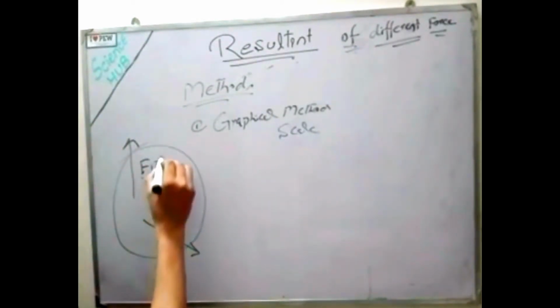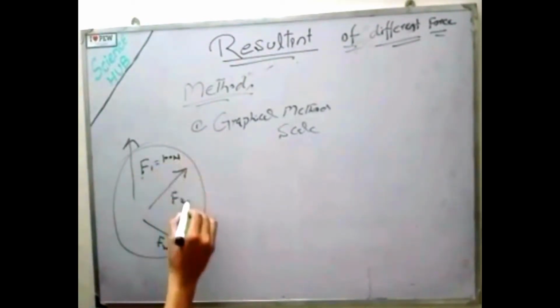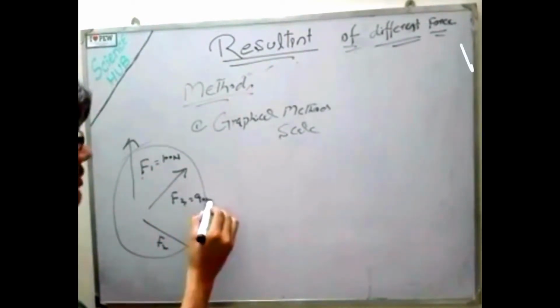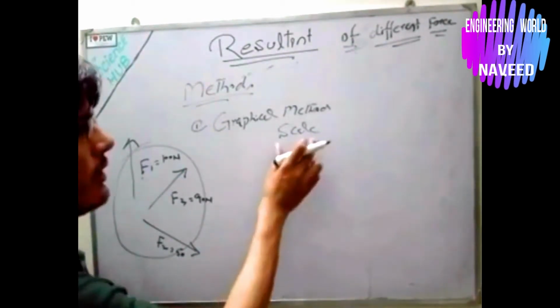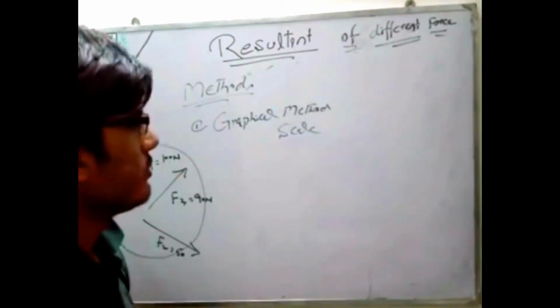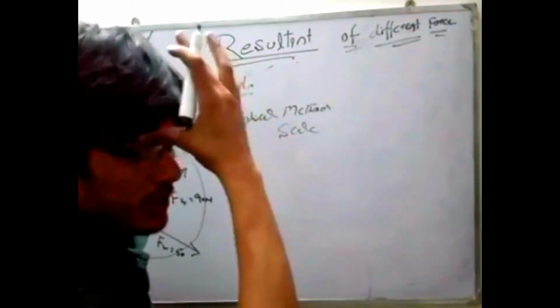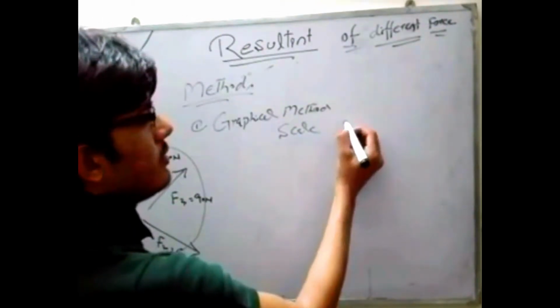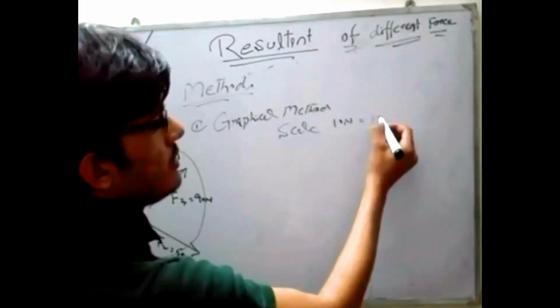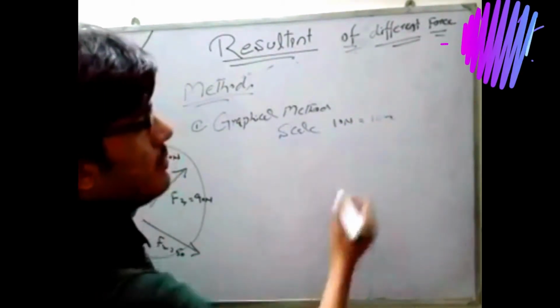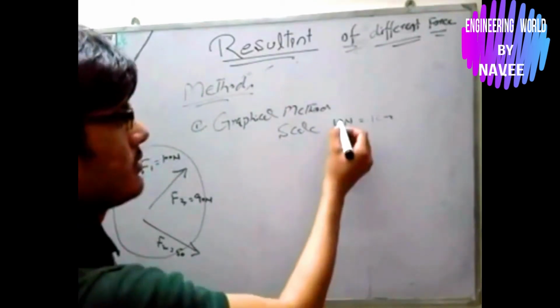Let's say F1 is equal to 100 Newton, this is equal to 90 Newton, and this is equal to 50 Newton. How do we take the scale? We take a supposition like 10 Newton equal to 1 centimeter.